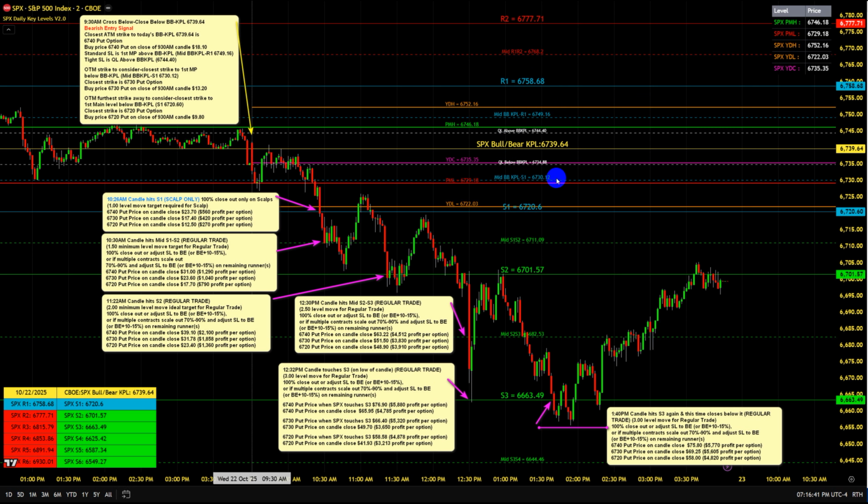Now on default, the default look on startup of this indicator is that the following levels are shown: the bull bear key price level, S1 through S6, R1 through R6, the first midpoint above the bull bear KPL, the first midpoint below the bull bear KPL, and also the QL above and QL below the bull bear KPL. All of the other midpoints you see here were turned on manually by us for this session.